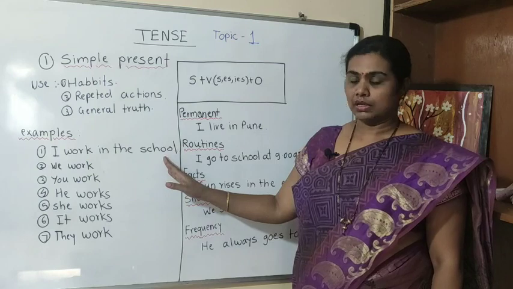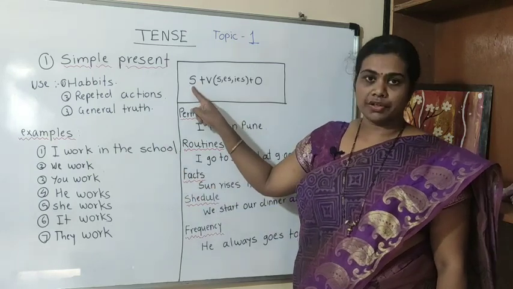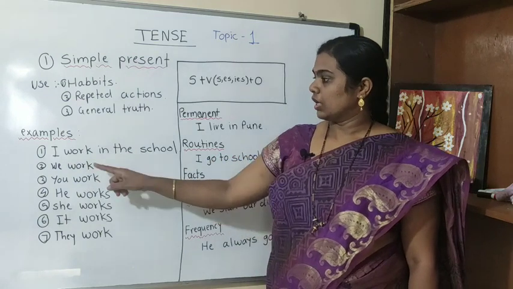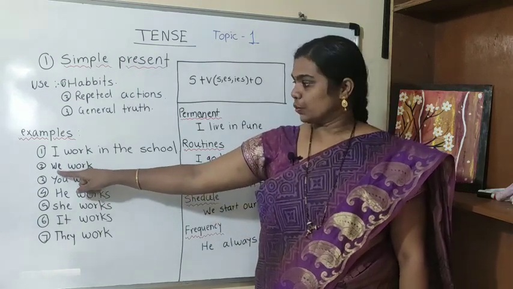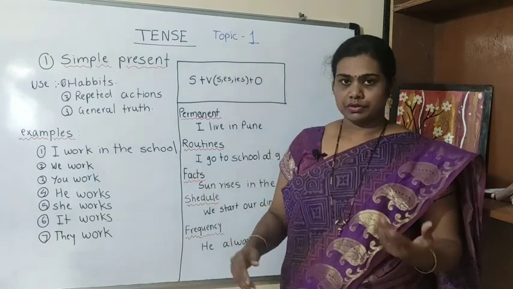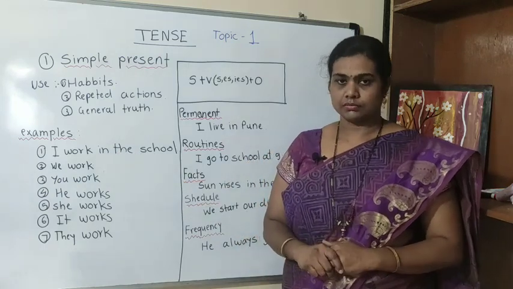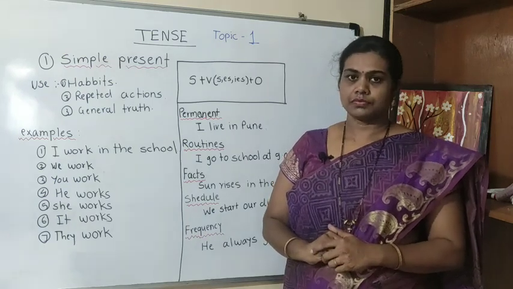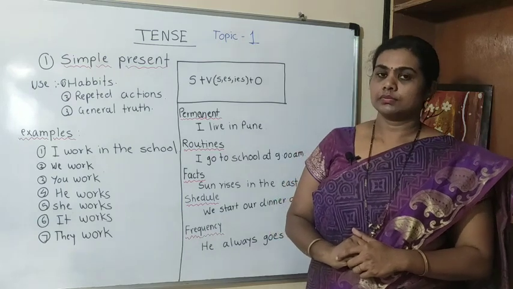Now in the example, the subjects differ. The subject is I: I work in the school. If the subject is we, we work. You can say it afterwards me. I work. You can repeat: we work, you work.